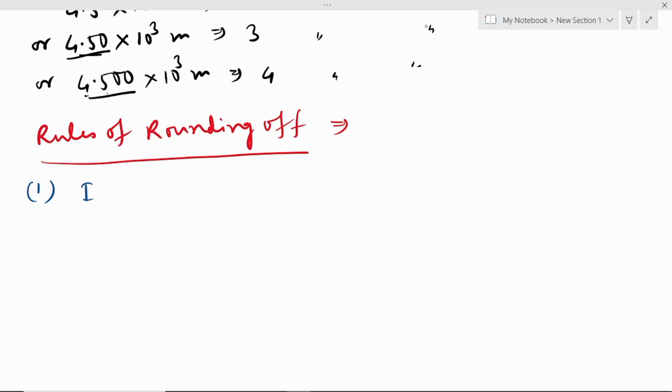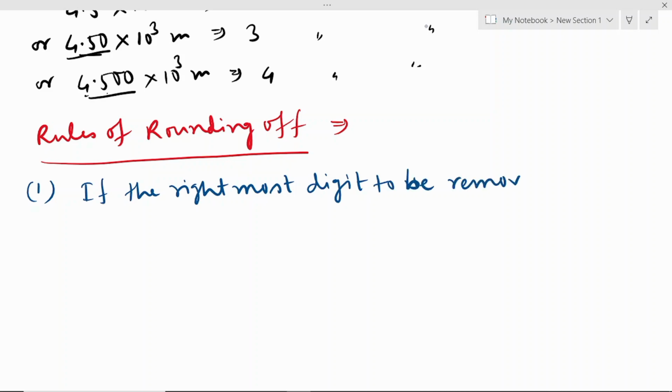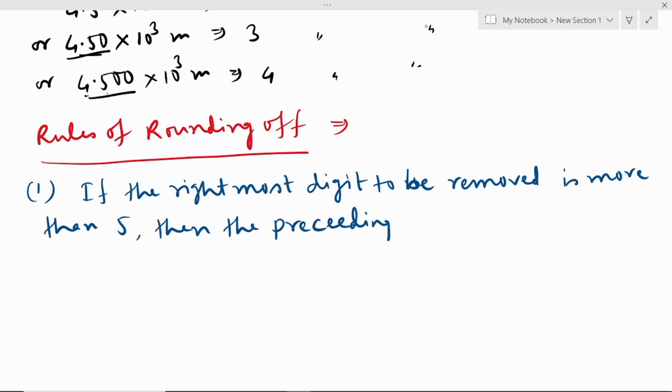If the rightmost digit to be removed is more than 5, then the preceding digit will be increased by 1.